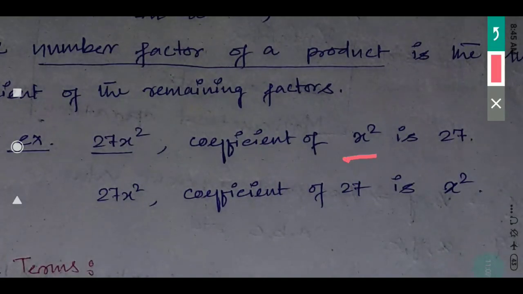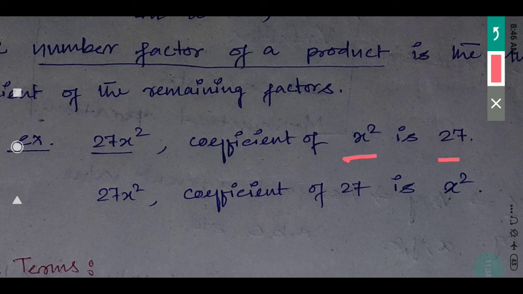So coefficient of x square means you hide x square. What is remaining now? You put the finger on x square, and what is remaining? 27.